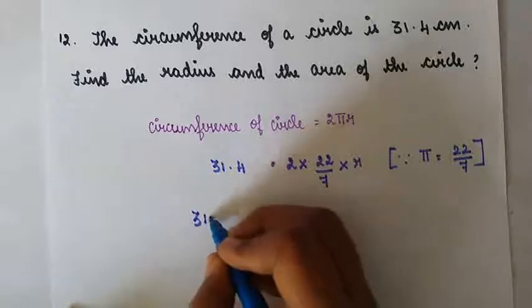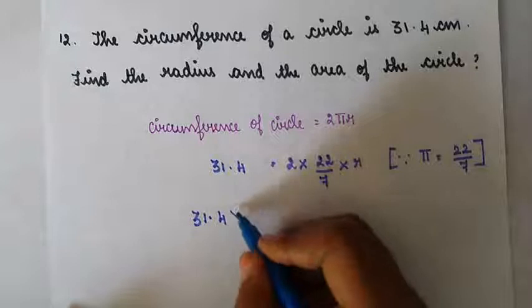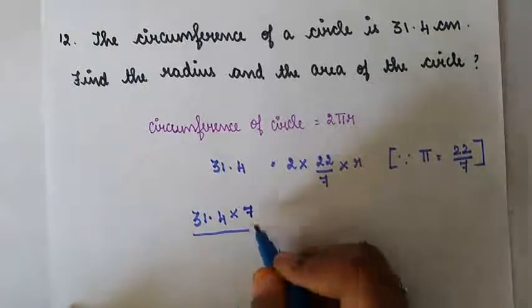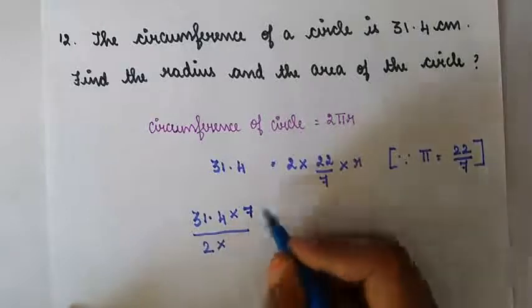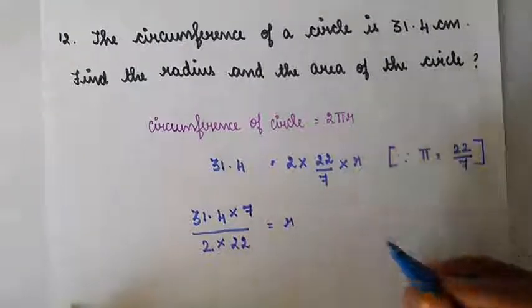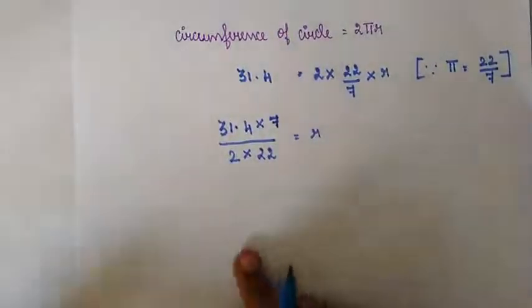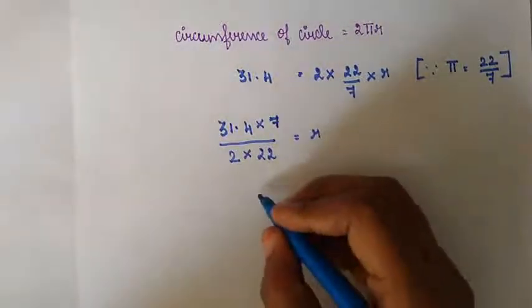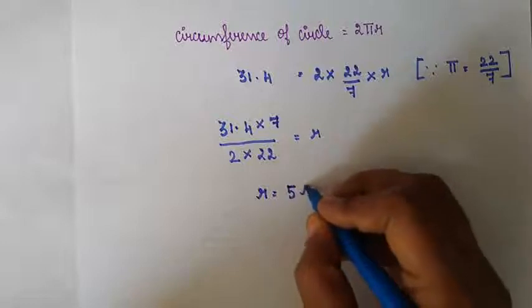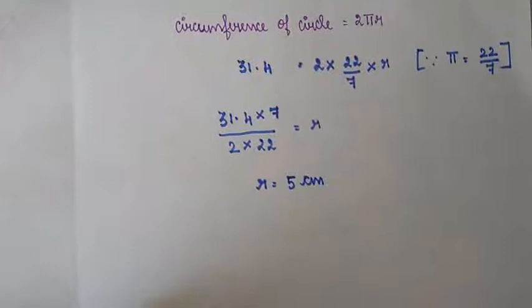So 31.4, 7 is changed, multiplied, divided by 2 into 22 equals r. Then we have to simplify this value. We get r equal to 5 centimeter.